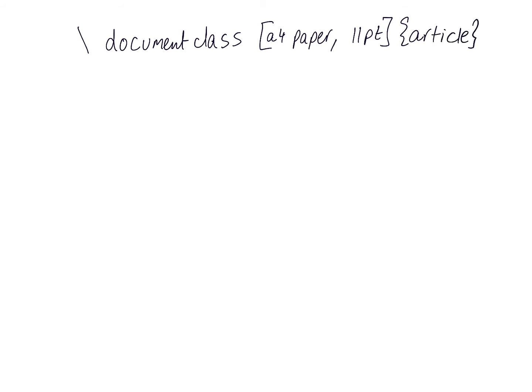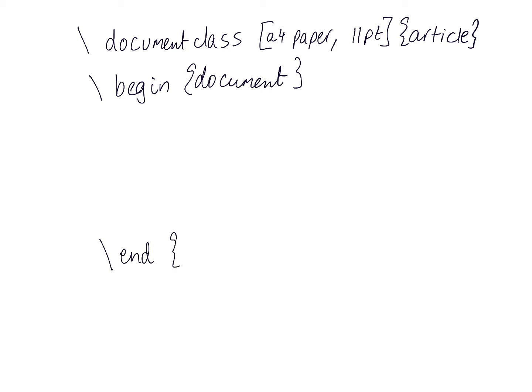So avoid doing copy and paste, rather type them, and then you'll remember the command and how to write it. Begin document, and remember, begin document always has an end document. The argument is document, and the command is end.